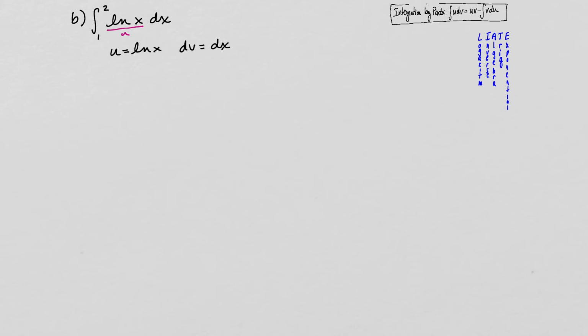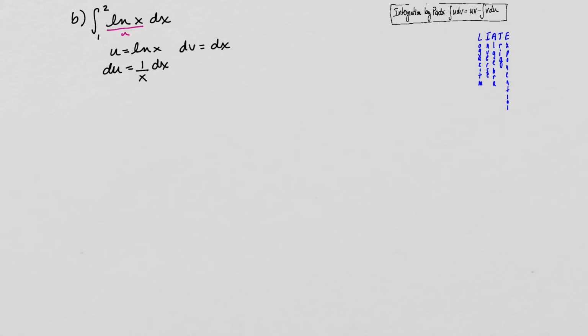Okay, so I have u equals the natural log of x, and now I need to figure out du, and I also need to figure out v. So du, what's the derivative of the natural log of x? Okay, 1 over x, and since we're talking about a differential here, it's going to be 1 over x dx.